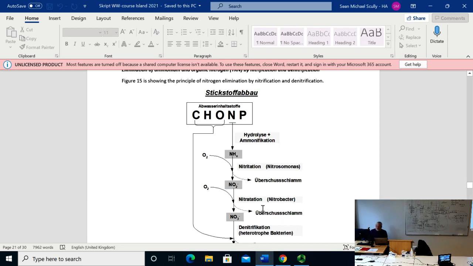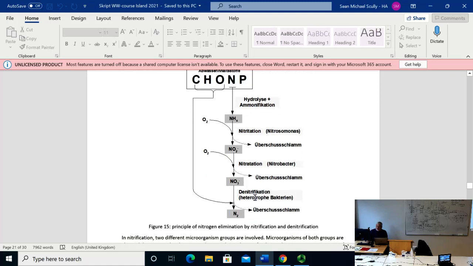Okay, then you have the denitrification, which is done by heterotrophic bacteria. Those are chemo-organic heterotrophs because they use organic material for the energy source, for the growth, and again organic material as an electron donor.